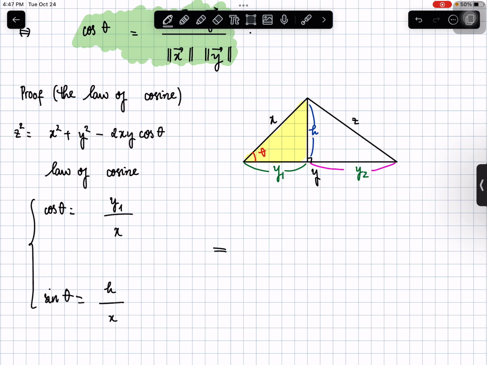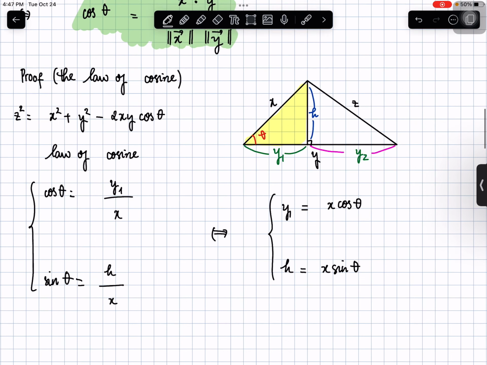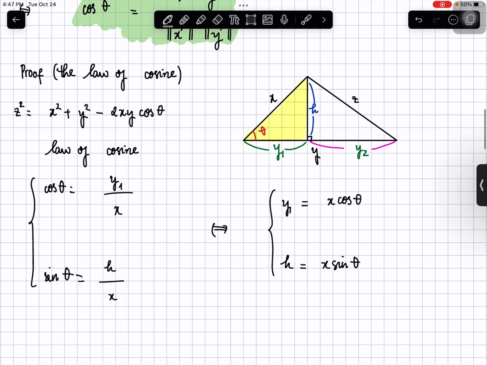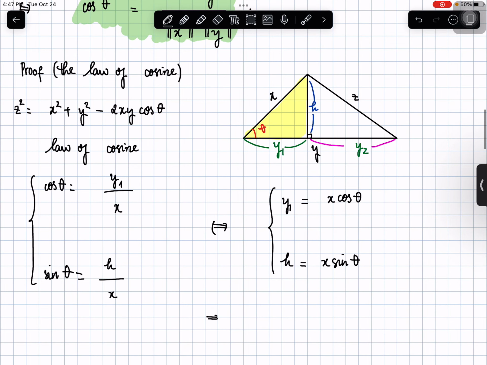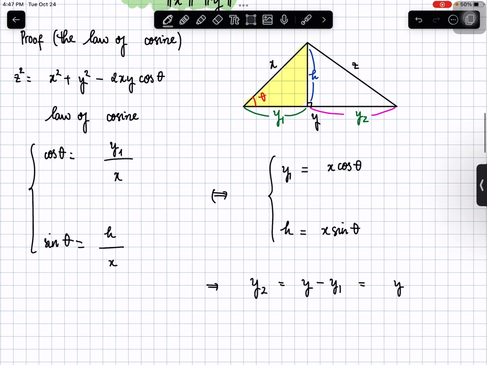This gives us y1 equal to x cosine of theta, and s equal to x sine of theta. Y1 is this, and y2 is y minus y1, which gives us y minus x cosine of theta.